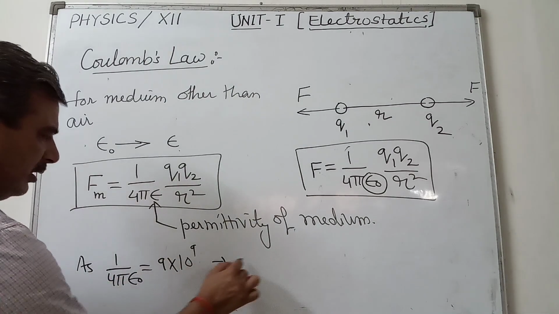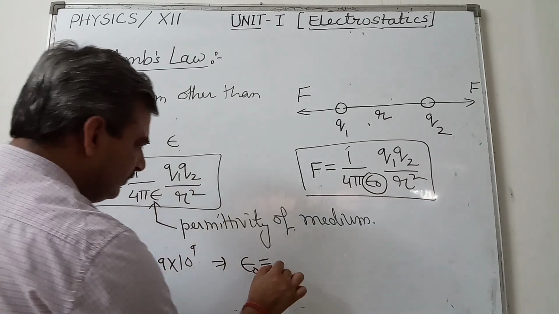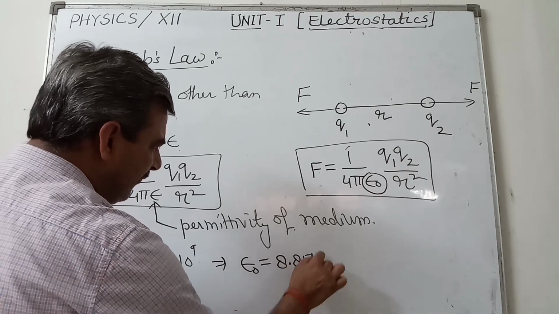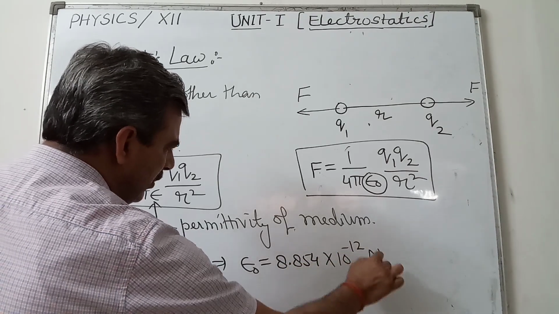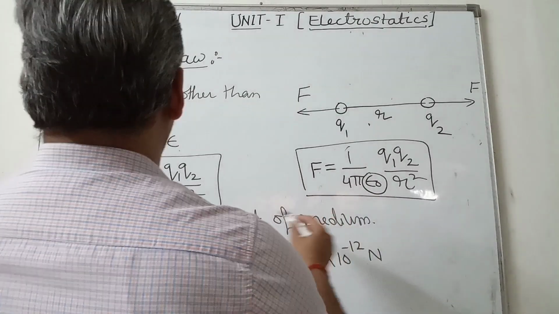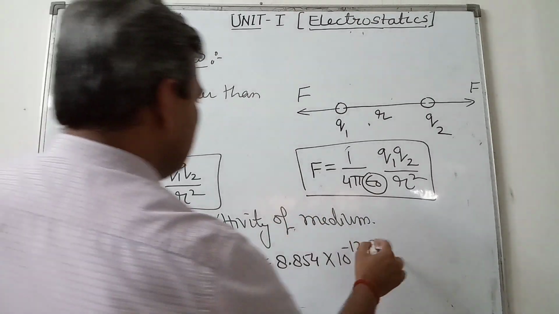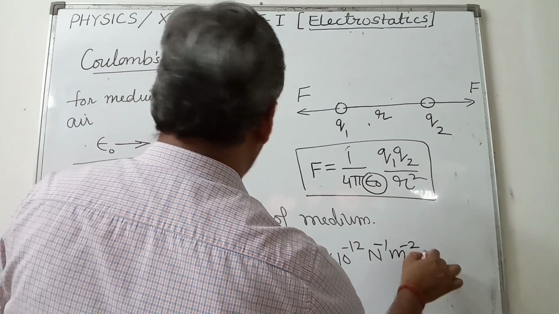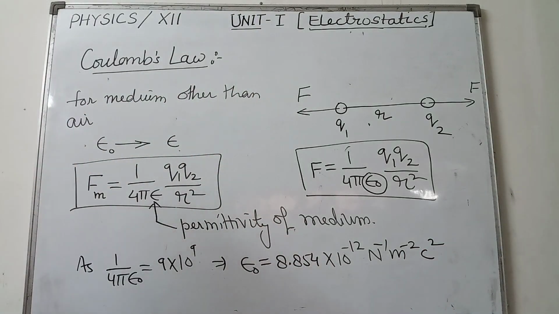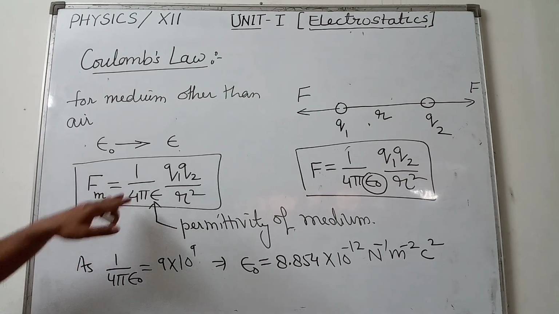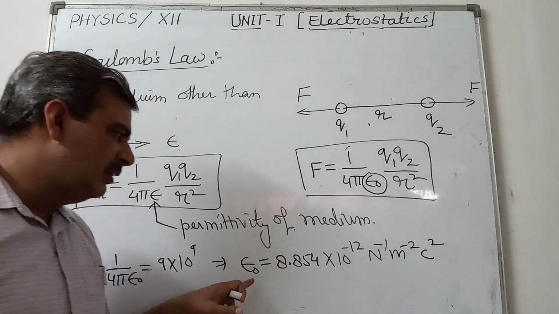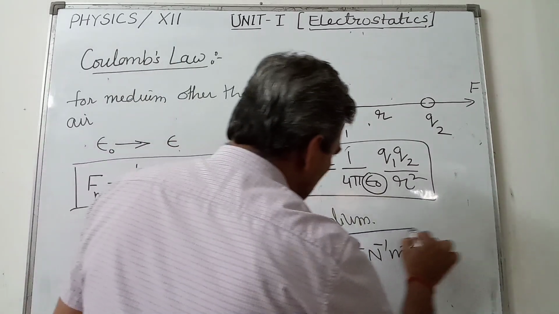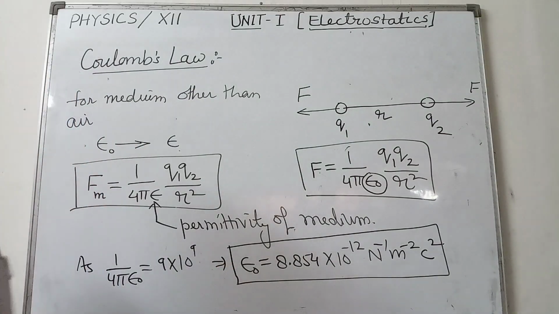So from here you have epsilon naught as 8.854 into 10 power minus 12, and the unit is Newton inverse meter to the power minus 2 Coulomb square. You can get the unit from here. So this is simply the value of epsilon naught, which we call the absolute permittivity of free space or vacuum.